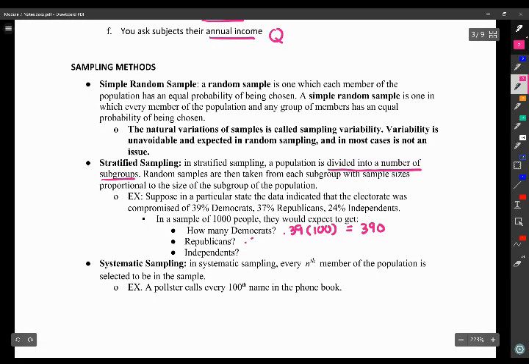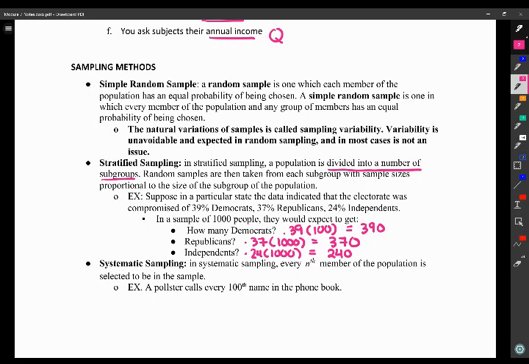If you did 0.37 of 1,000, then you're expected to have 370 Republicans. And if you had 0.24 independents, then you would be expected to have 240 independent voters.